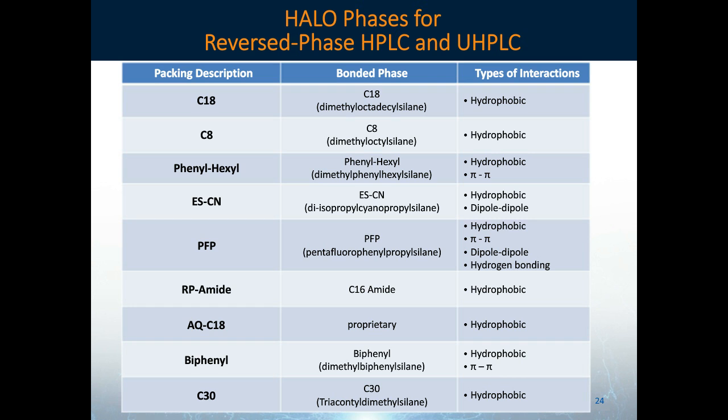ES-CN is used for very hydrophobic compounds and aromatic compounds as well. And then PFP and C30, which is one of our newest phases, are used for isomers since they are shape selective. And then finally, RP-Amide and AQ-C18 are used for polar compounds and can be used under 100% aqueous mobile phase conditions.